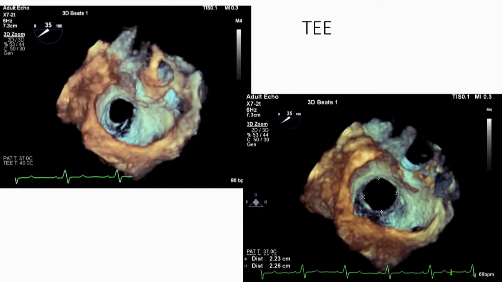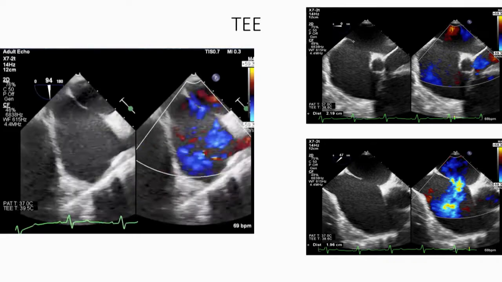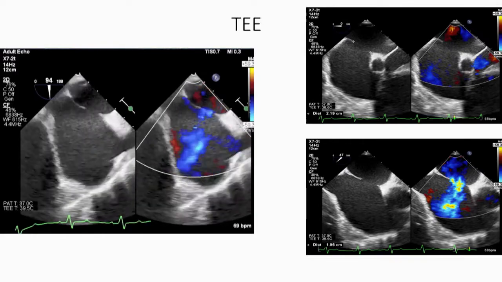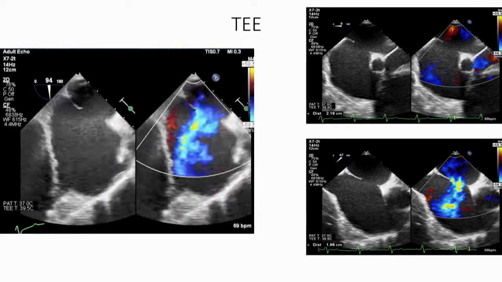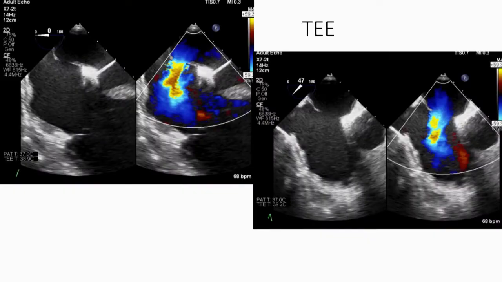No, first show the echo. This is a transesophageal echocardiogram with a large ostium secundum ASD, 22 millimeter size, left to right shunting. Retroaortic rim is deficient. Other rims are adequate.